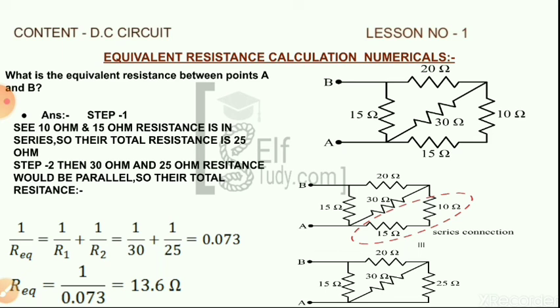So the first step is calculating the total resistance of the 10 and 15 ohm series resistances, which is 25 ohm, and this 25 ohm and 30 ohm are in parallel, so their total resistance is 13.6 ohm.